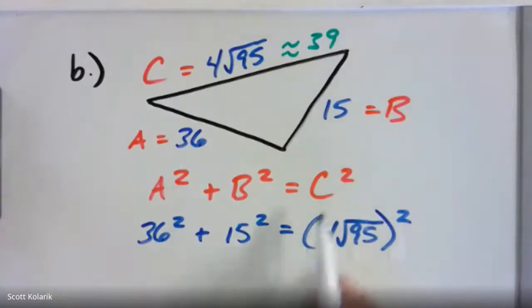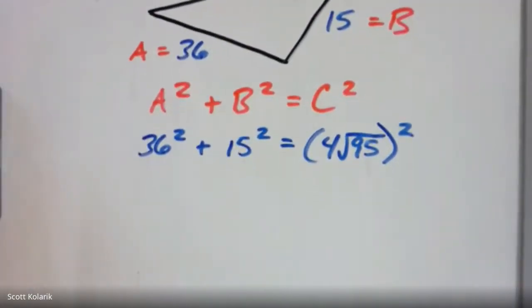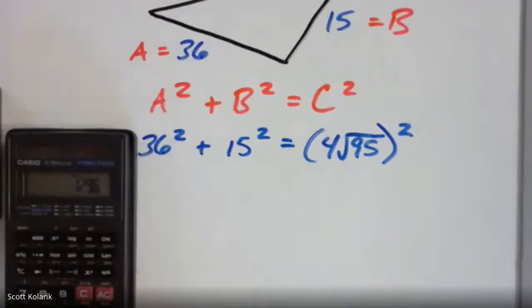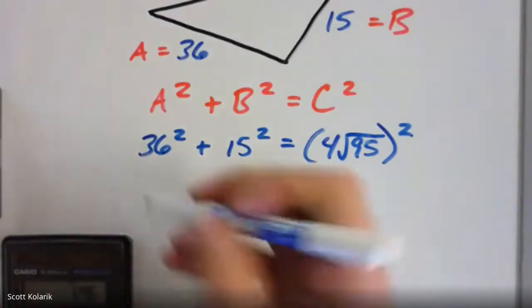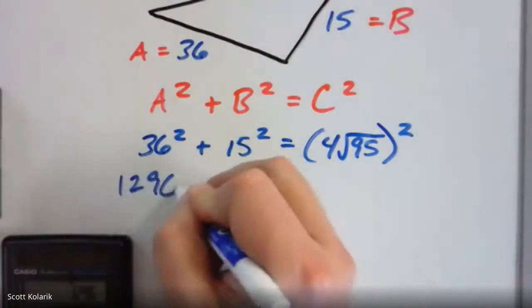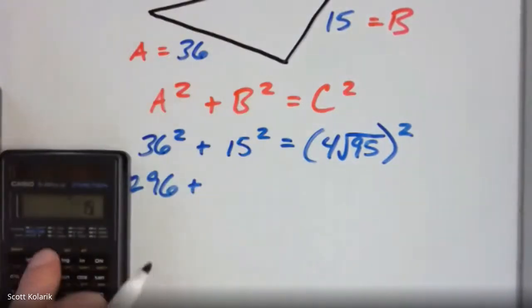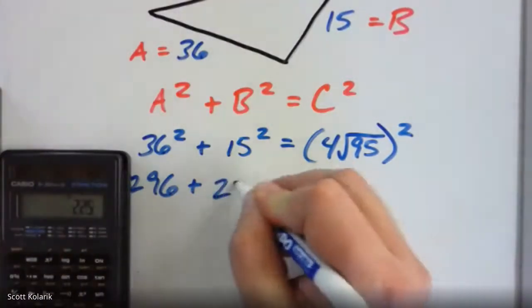This one's scary, so I'm going to tackle this one last. Let me start with the ones that are a little more straightforward. Because at this point, now it's just doing some calculator work. All right, so 36 squared gives me 1,296 plus 15 squared. 15 times 15, or 15 squared, gives me 225.